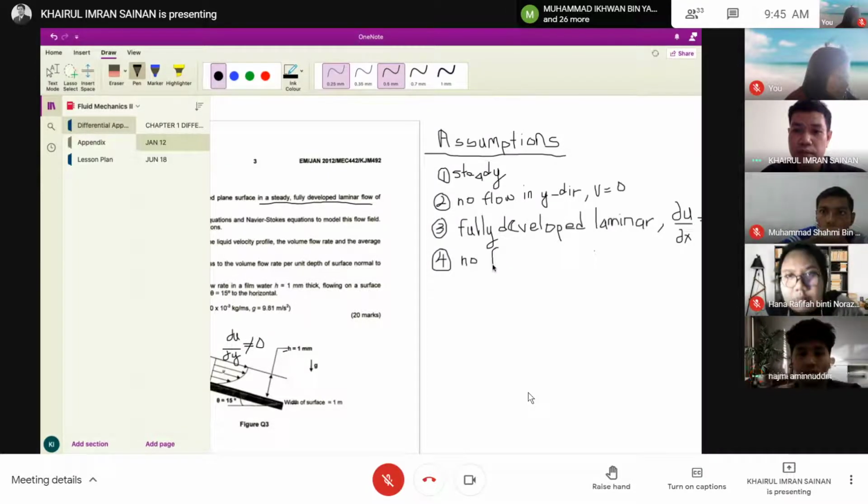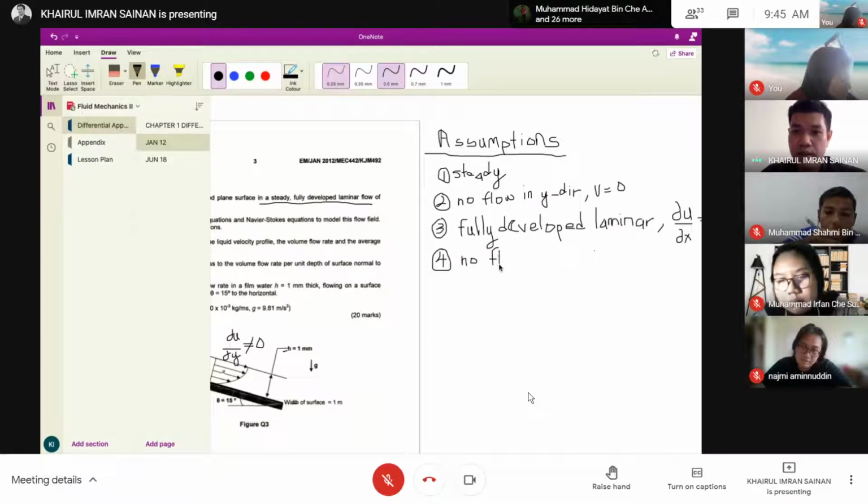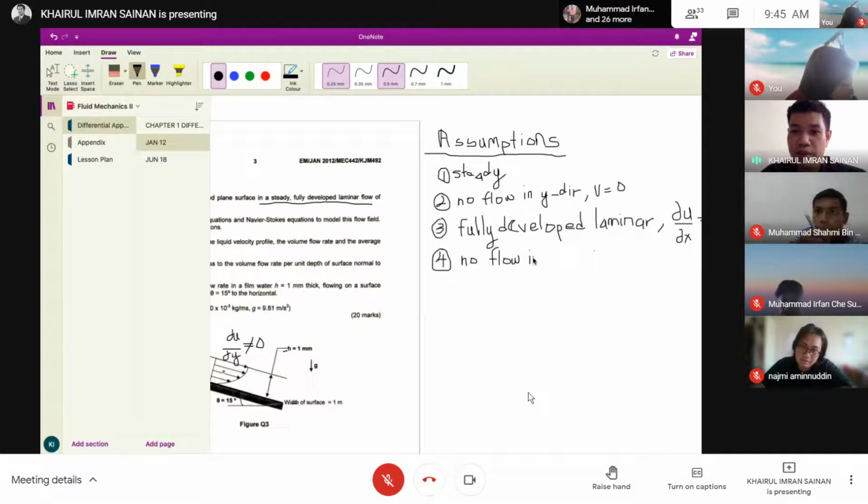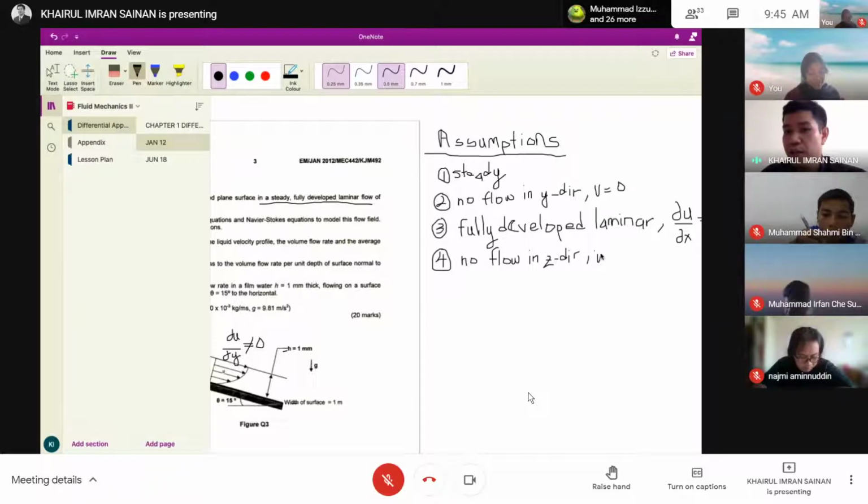Z direction. Please write on your paper, I write slowly, don't just follow. So meaning w equals to 0.